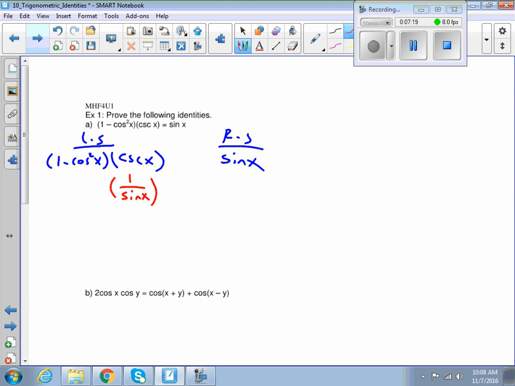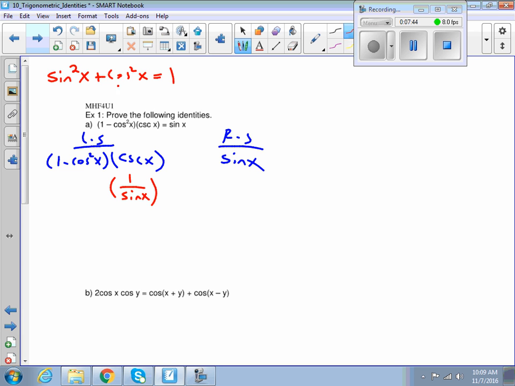Now what else can I do? So 1 minus cos squared x. Is there anything you can do there? If you look at the identities, we have an identity which, as I said, is used a lot, the first Pythagorean identity. We know that sine squared x plus cos squared x is equal to 1.